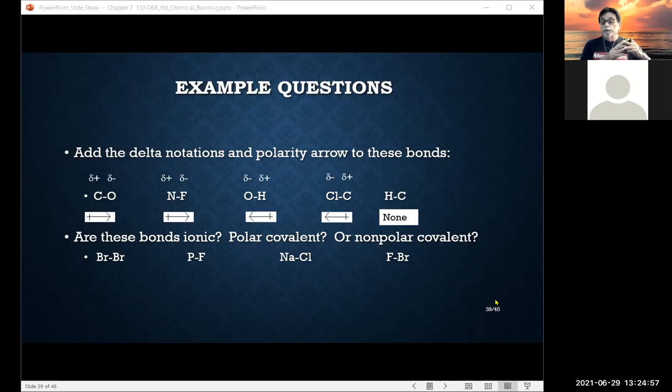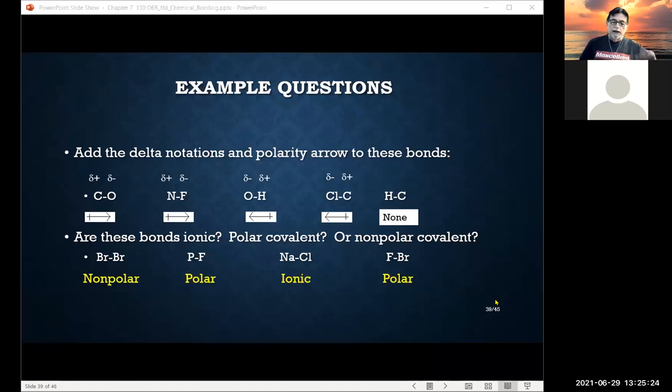It can't, right? Because they're both bromines, and if you find them on the periodic table, they're on the right side of the stair step. Being on the right side of the stair step, they are non-metals. So therefore, we have a covalent bond. Now the next question is, are they polar or non-polar? The fact that they're the same tells you that they are non-polar.